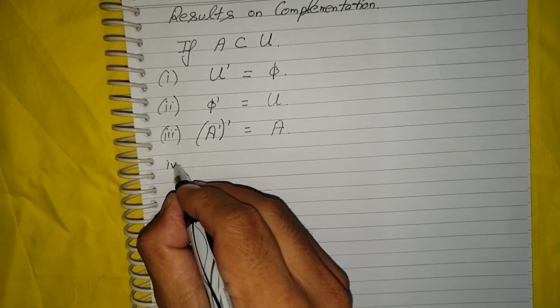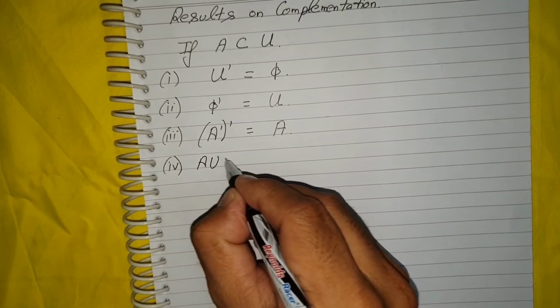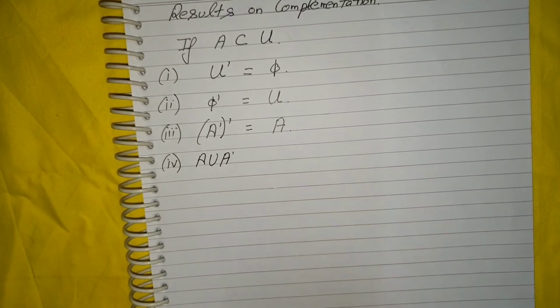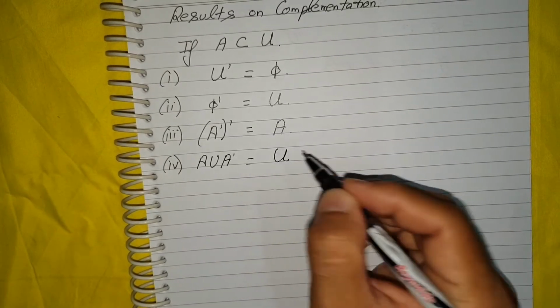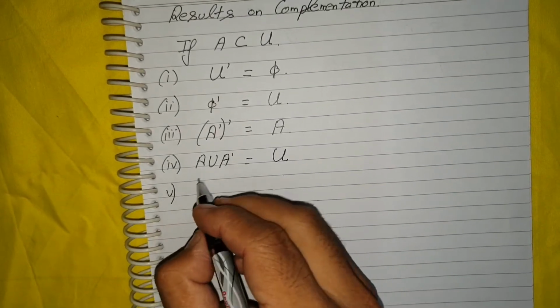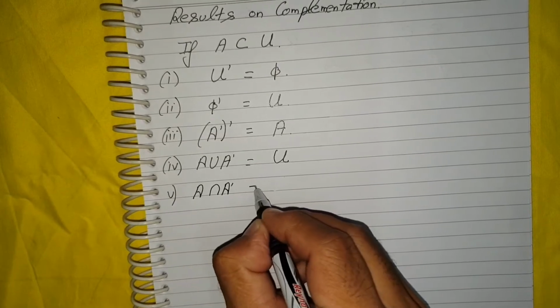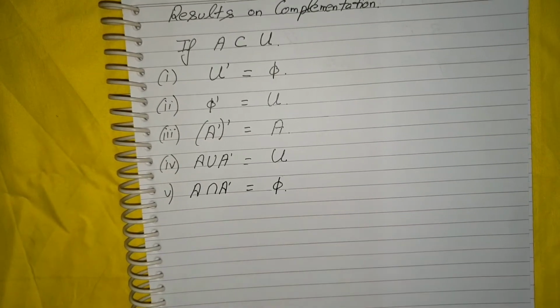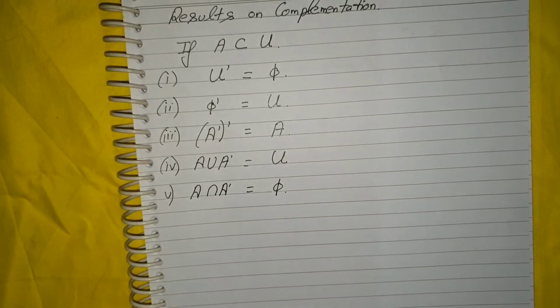Fourth point, A union A dash will be the universal set only. And fifth is A intersection A dash, that will be phi. So these are the laws, you should memorize them.